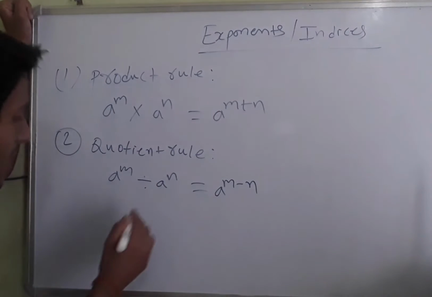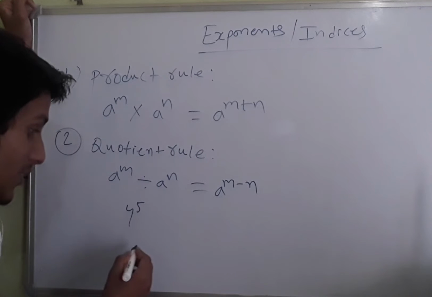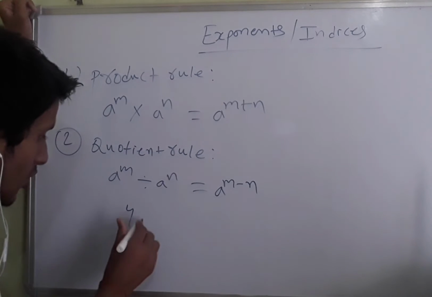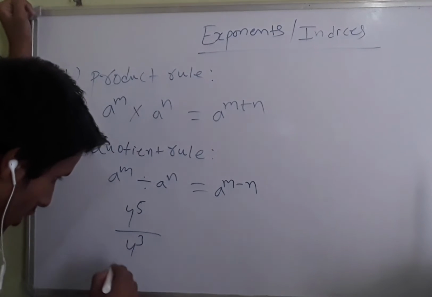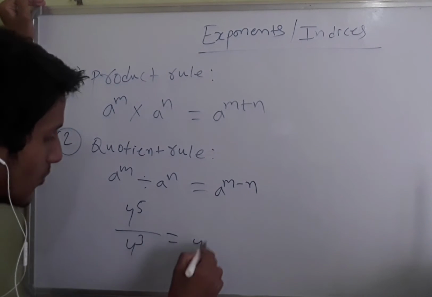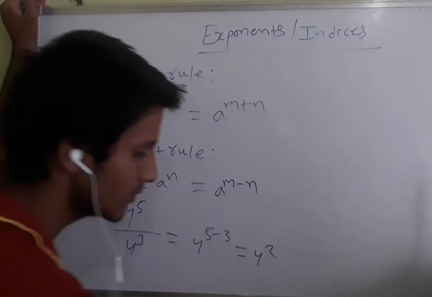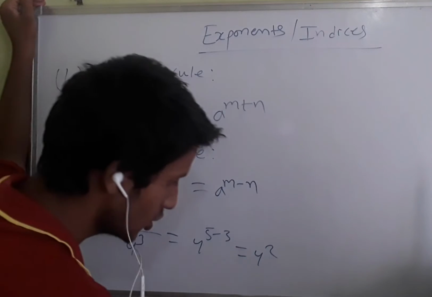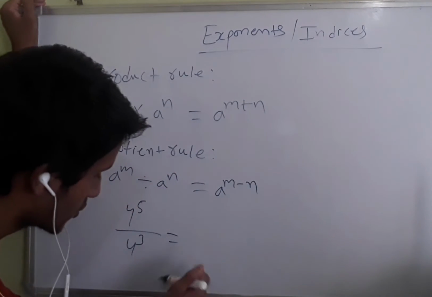It basically comes from the same kind of thing. Let's get another kind of number this time, 4 to the power 5, and let's give a bigger number this time, divided by 4 to the power 3. When you have this kind of thing, it is going to be 4 to the power 2, which means squared. If you want the proof of this, I'll show you here. It's simple.